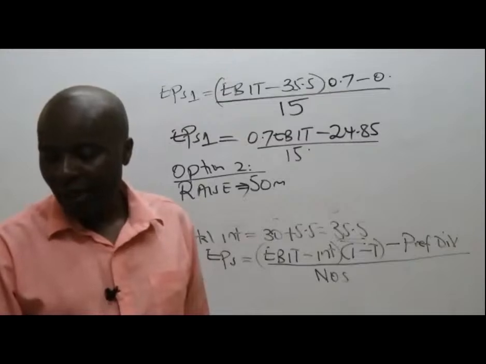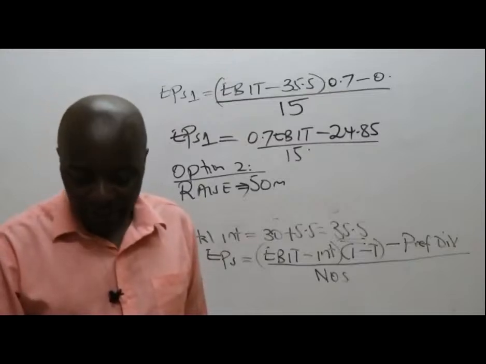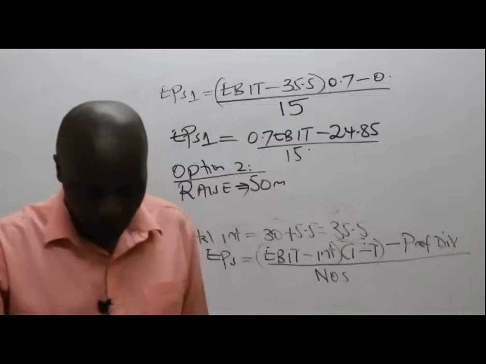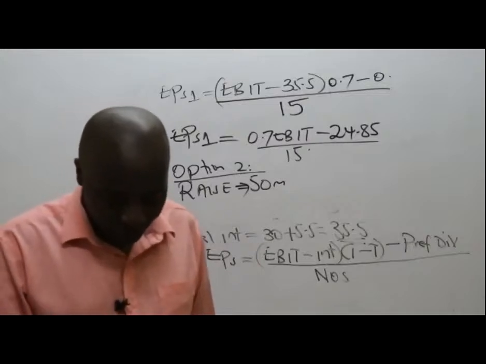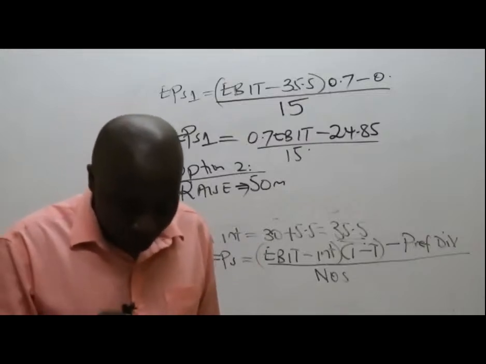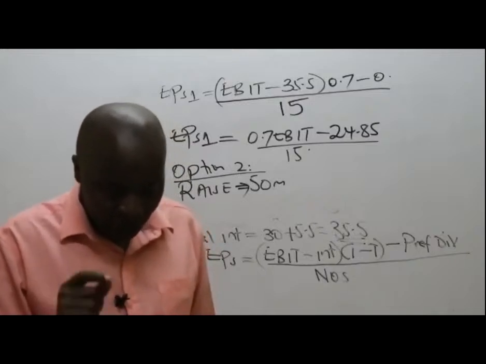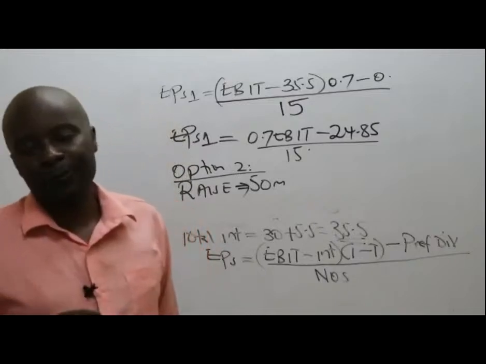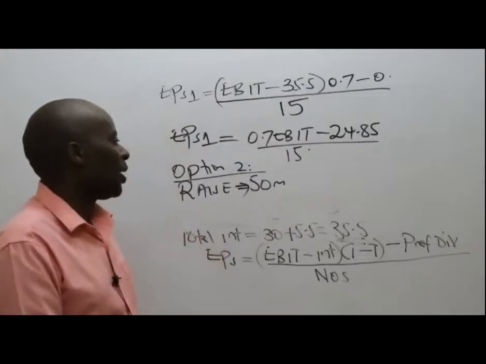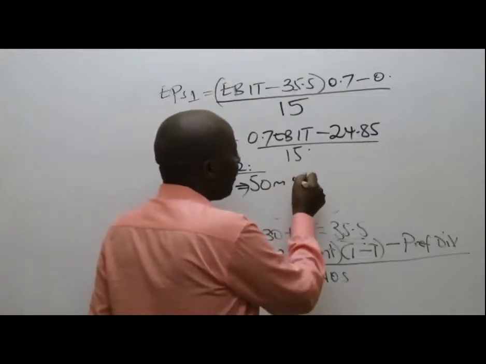We are told on that question on WhatsApp that option number 2 is to issue 13% cumulative preference shares.